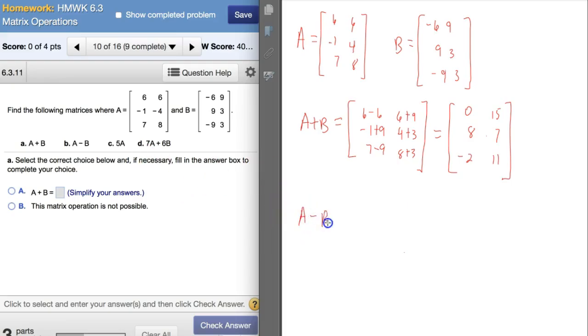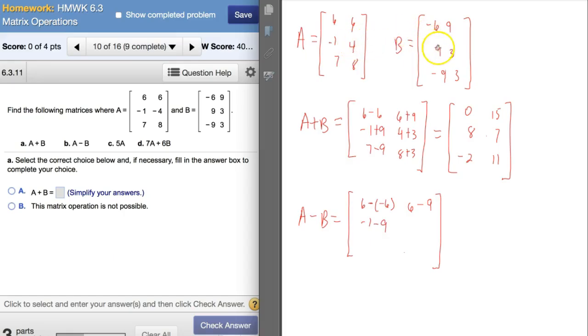Now, of course, A minus B will just be, we're doing subtraction now. So here we'll have 6 minus a negative 6 for the A11 spot. And then we'll have 6 minus 9 for the second spot on the first row there. For the second row, we'll have negative 1 minus 9.